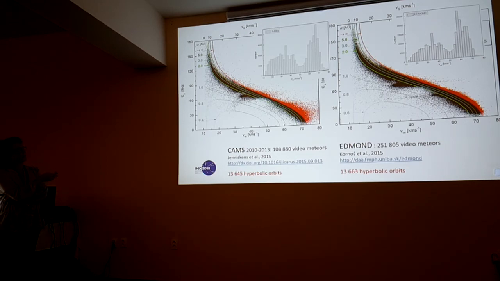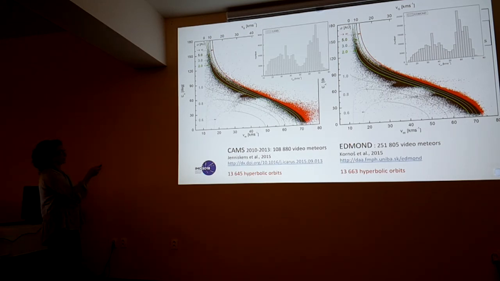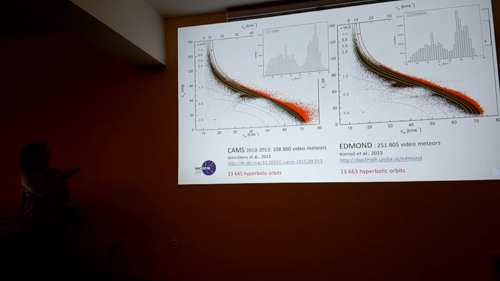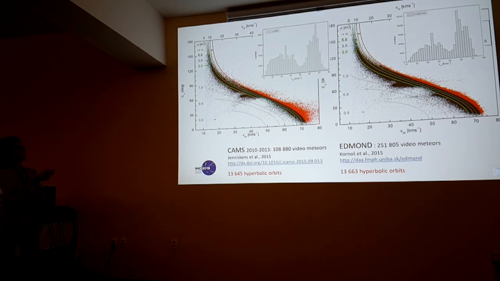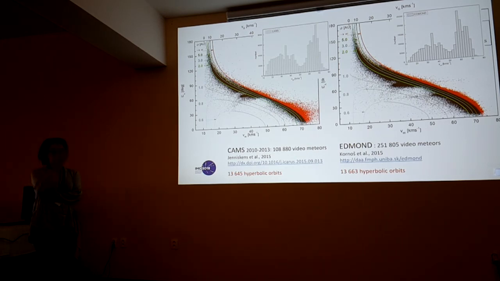These are distributions of the pre-atmospheric velocity from CAMS and from the Edmond data, from the same data. You see that this minimum around the velocity of 50 kilometers per second corresponds to nearly perpendicular encounters.